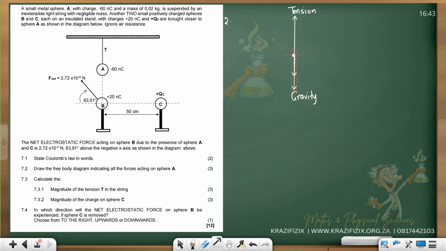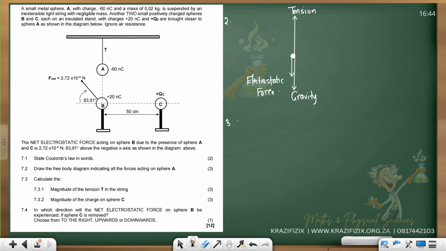Electrostatic force. You can do that just to create a bit of clarity. But then C is also positive, but not on A. C is acting on B. So this is the electrostatic force. And that gives you 3 marks there.